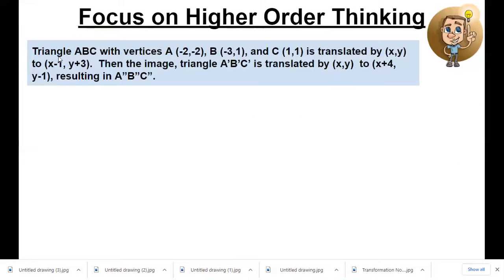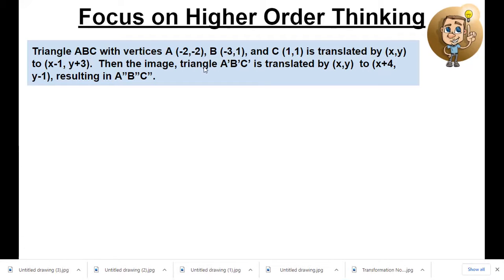Triangle ABC has the following vertices: (-2, -2), (-3, -1), and (1, 1). It is translated by the equation x minus 1, so it's going 1 unit to the left, and y plus 3, so it's going 3 units up.